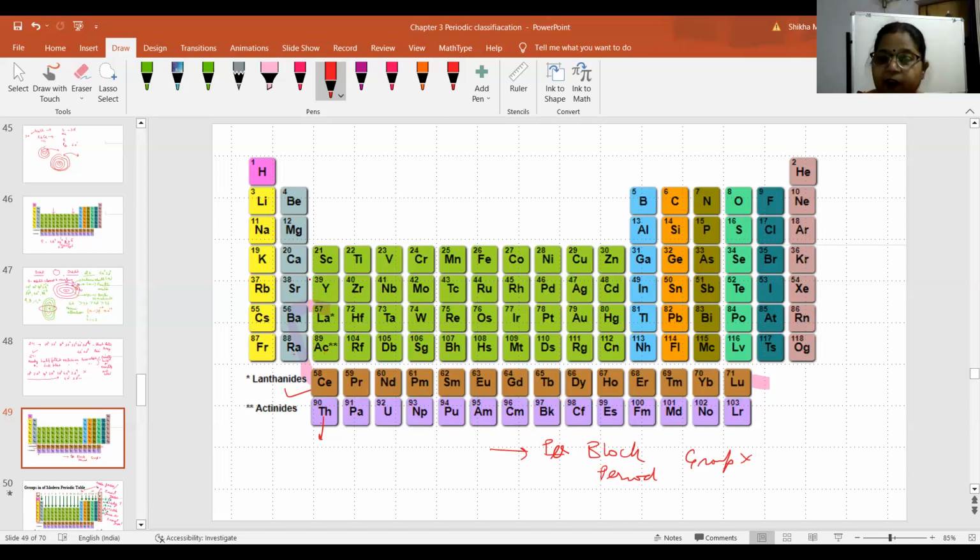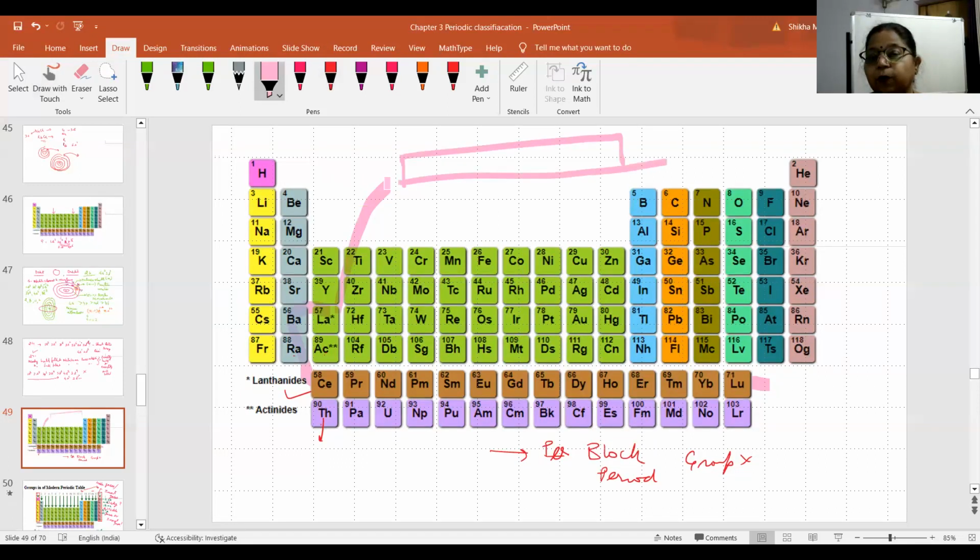The reason why they are placed below the main body: you can imagine that after 57, if you insert 14 more boxes, what will happen to the periodic table? The 14 will be too much, maybe more than that. And then from hafnium, the entire 9 rows of the periodic table have to be shifted more towards the right-hand side.